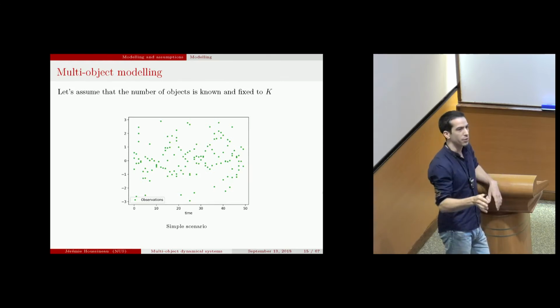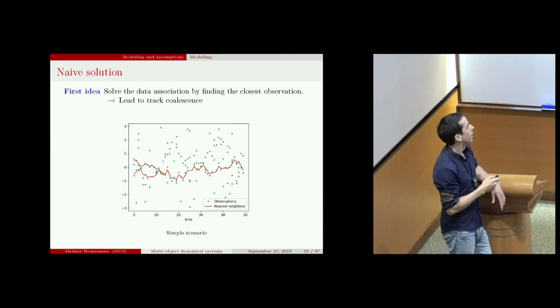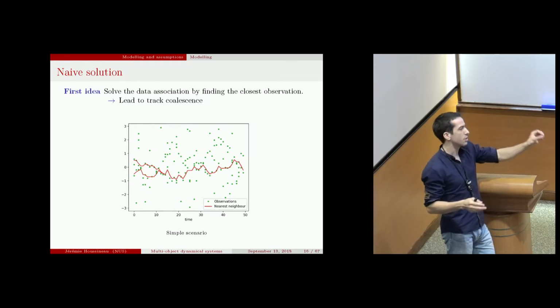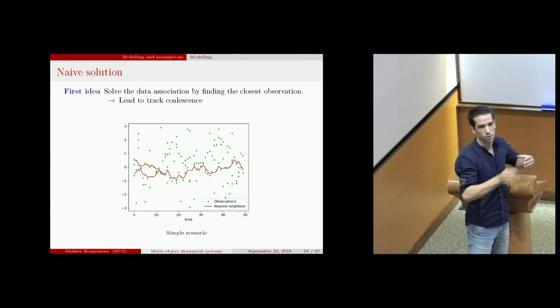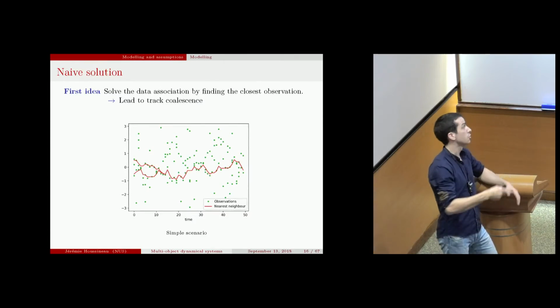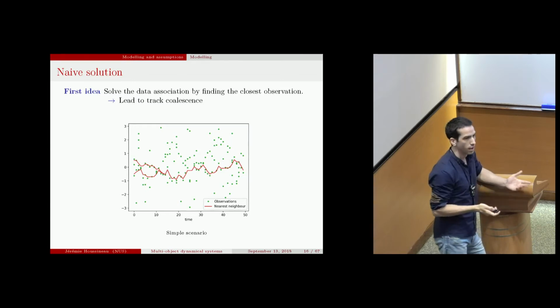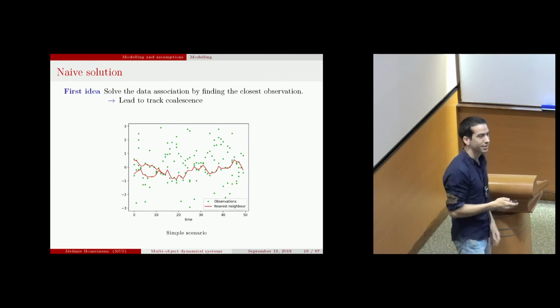So the result is actually quite predictable. It starts okay, and then as soon as maybe one object is not detected and they're a bit close, they both go to the same observation. After that, it's deterministic, so we have this phenomenon of track coalescence. It's a very, very basic approach, but this doesn't work.